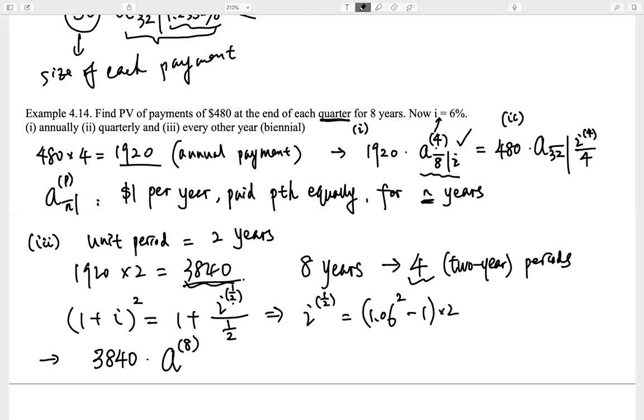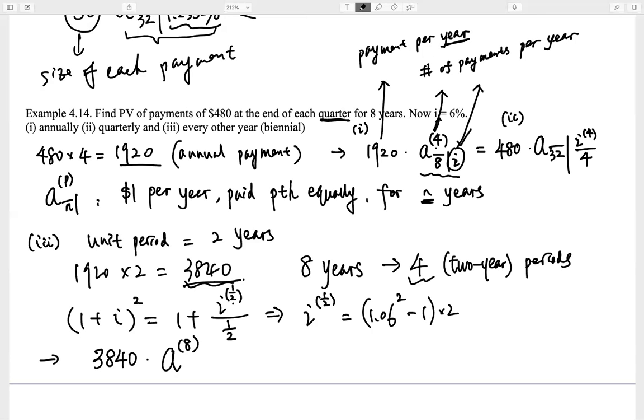In this case, everything is for 1 year, right? So this is the payment per year, because year is the period. This 4 is the number of payments per year. And finally, what is here? This i is the effective interest rate per year.